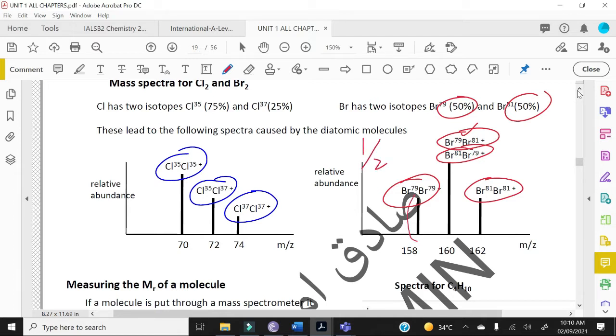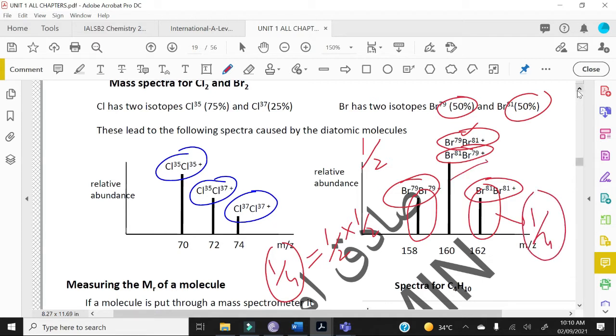So when I'm working on these peaks, 79 and 79, 1 by 2 times 1 by 2, how much am I getting? 1 by 4. For this one also, I'm getting 1 by 4. And for this, how much am I getting?